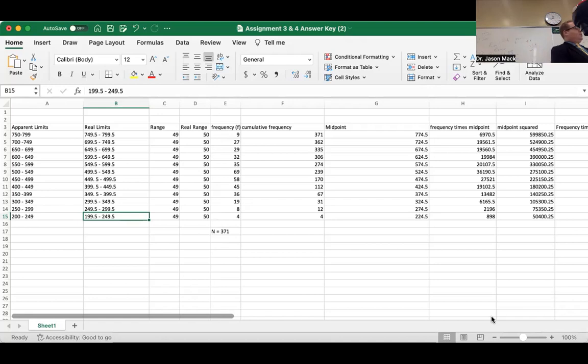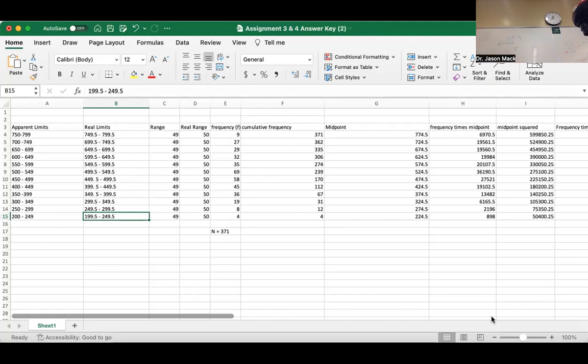Can you repeat the range? The range is always the highest minus the smallest number, or the largest minus the smallest number.